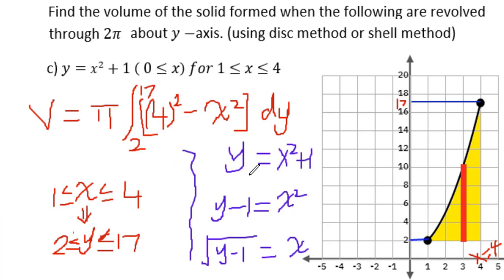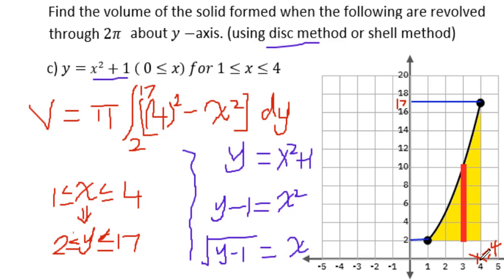For this question, you can also use the washer method. Basically, it's a disk method. So if you want to use a disk method, you will use this graph, y equals x squared plus 1 and x equals 4.